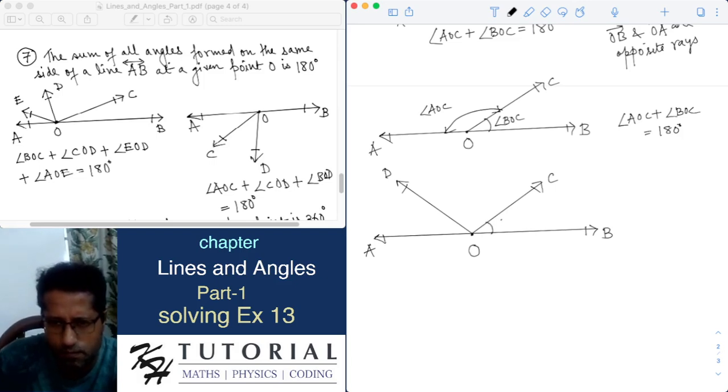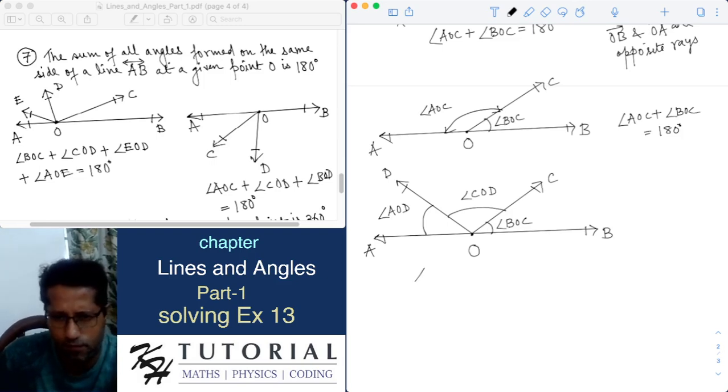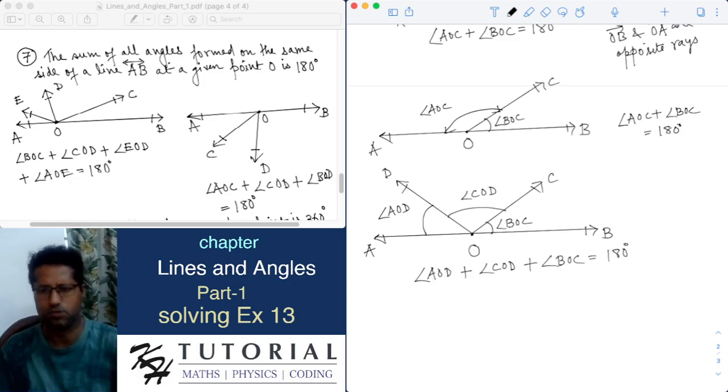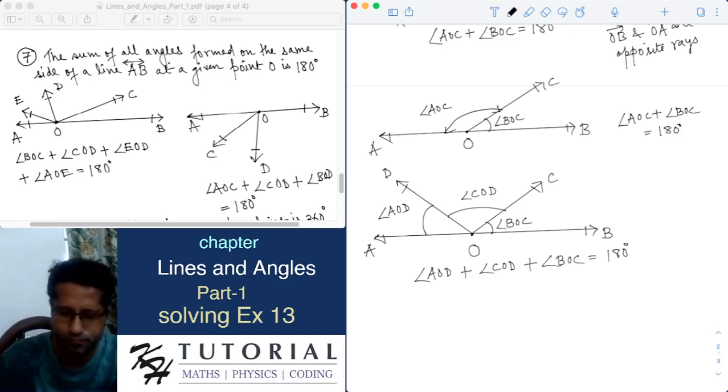This is one angle BOC, this is another angle COD, and this is another angle AOD. The property says that angle AOD plus angle COD plus angle BOC will be equal to 180 degrees. This is the property you must know.